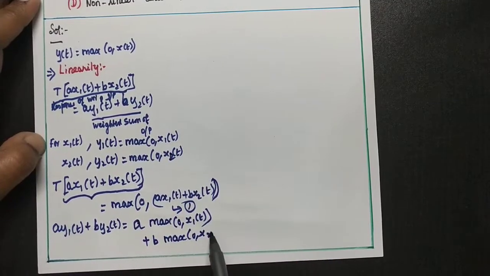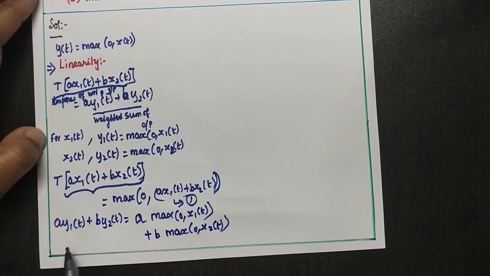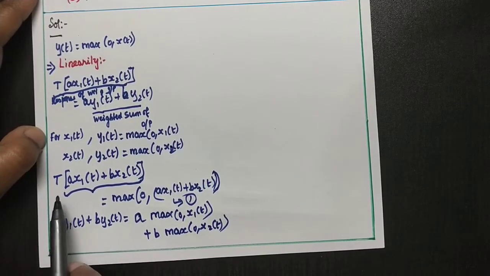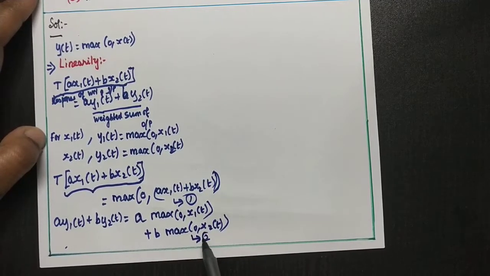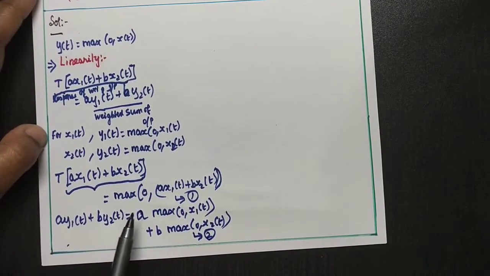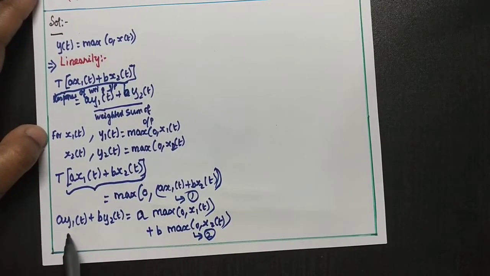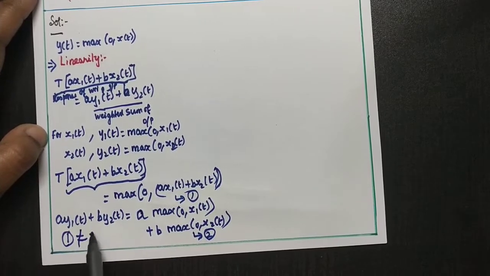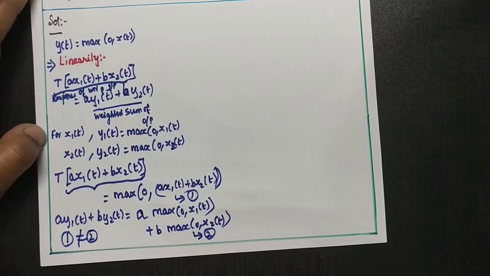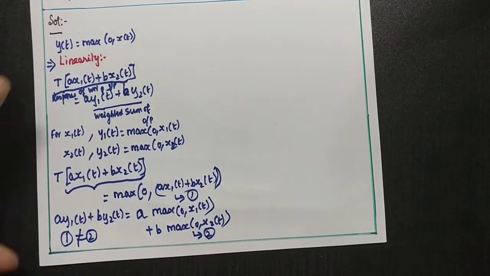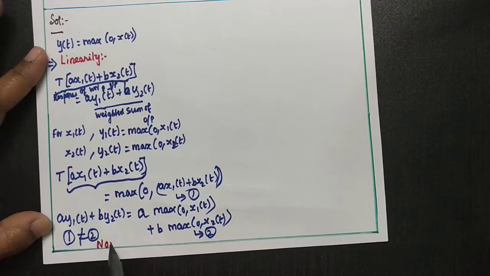So this is the weighted sum of output signals, and the earlier one is the response of the weighted sum of input signals. Let me take this as the second equation. See the first equation and the second equation, they are not equal. So the superposition principle is not satisfied here, and the system is non-linear.